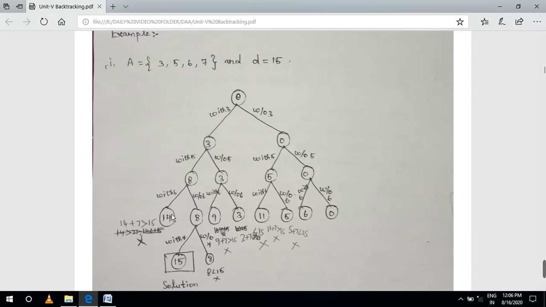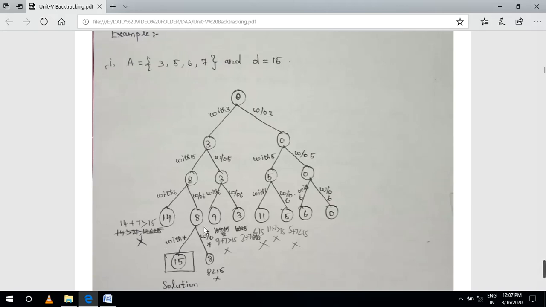So 14 plus 7 is 21, which is not a solution. Without 7, it is 14 only, which is less than 15, so it is not a solution in this first branch.